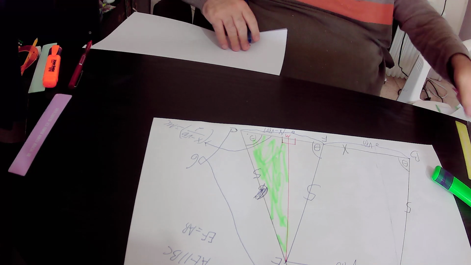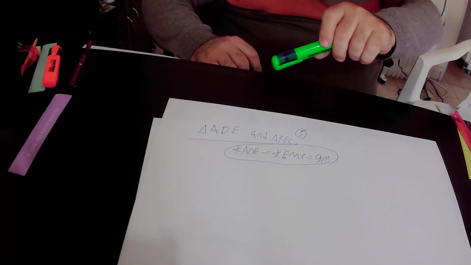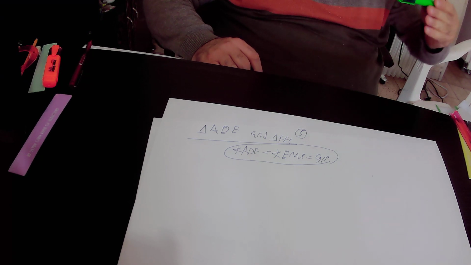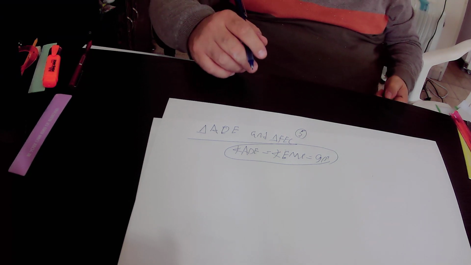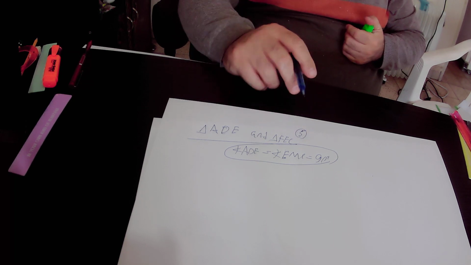I'll repeat again. We'll prove that the right green triangle ADE is similar to the right green triangle EMC. Why are they similar? First of all, angle ADE equals angle EMC equals 90 degrees.